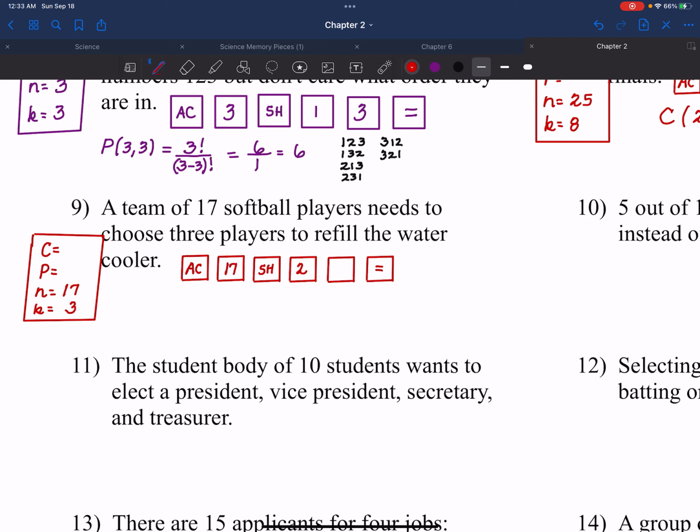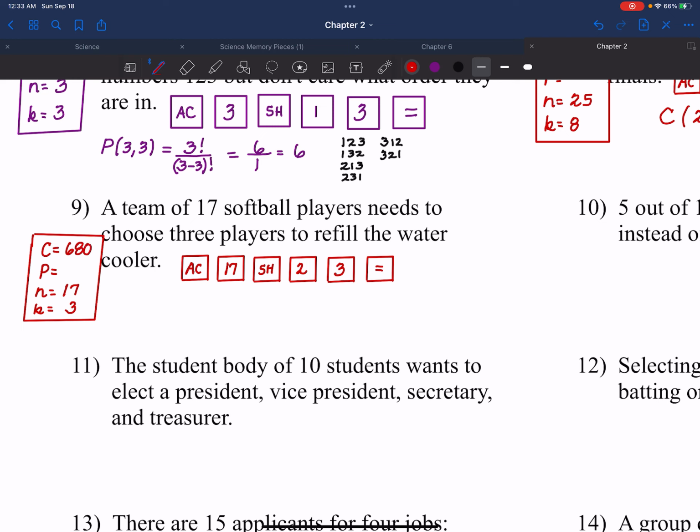So 17 and 3. So we have all clear, 17 shift 2, 3 equals 680. That will be the combinations.